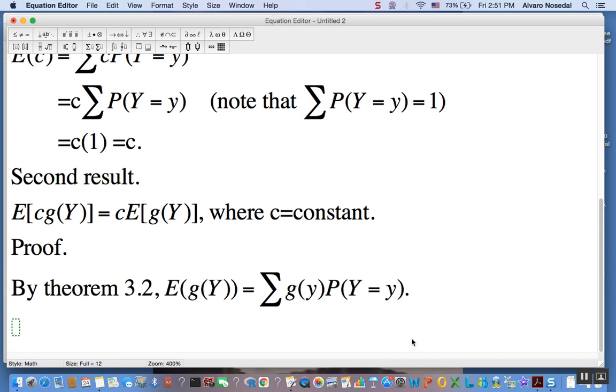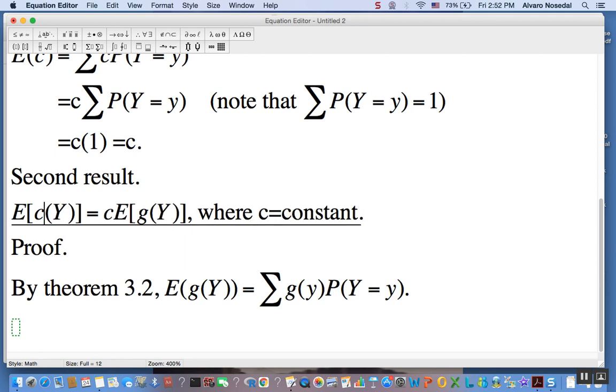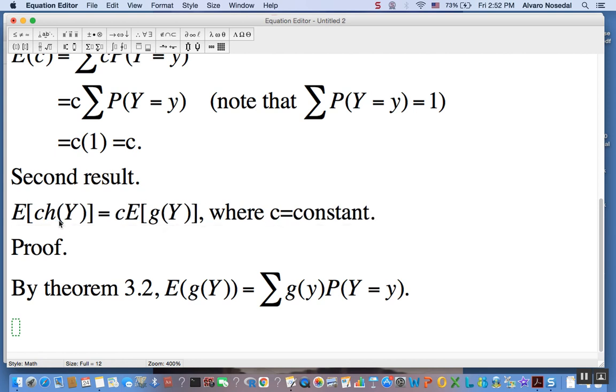And then in this case our transformation, let me change the notation here so we don't have any confusion. Let me call it an h function, right? c times that function h of y.